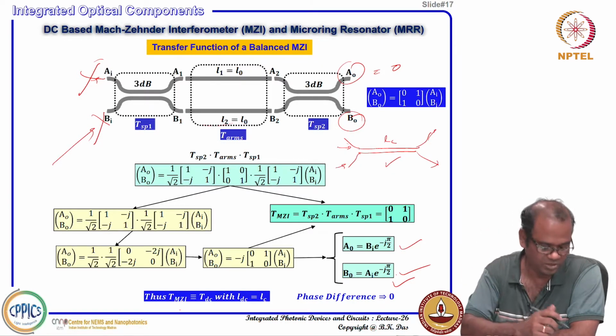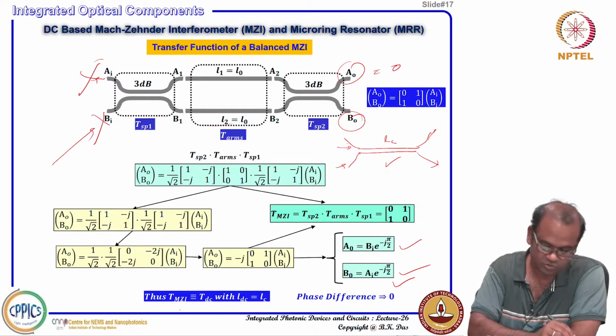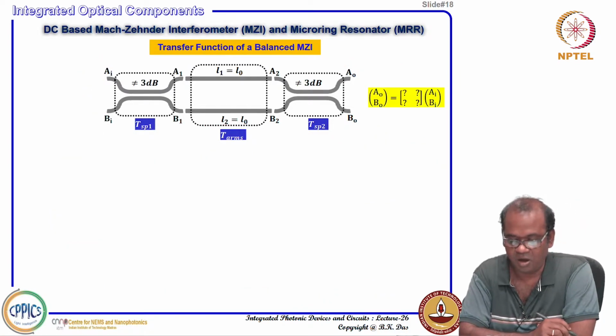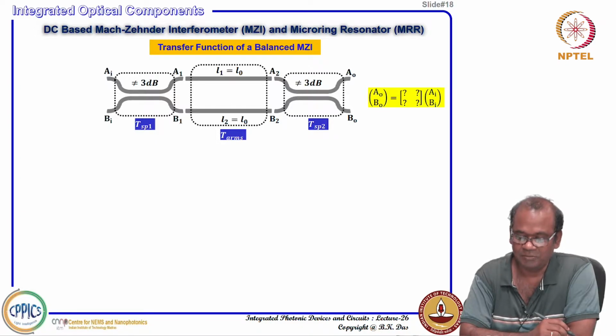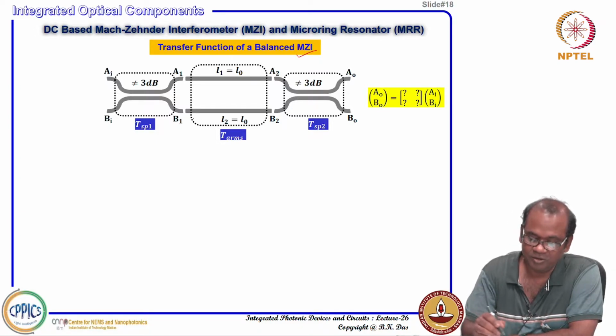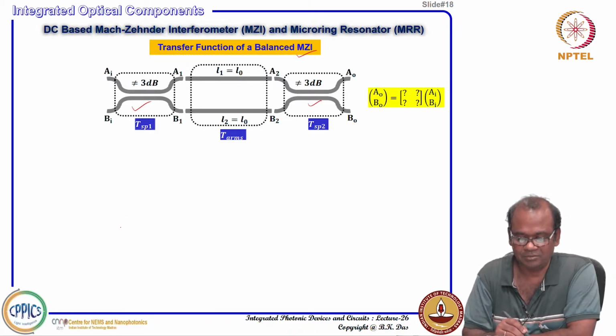This is straightforward, we are analyzing, easy to use. Okay. Now, we have discussed the transfer function of the balanced MZI, right. We continue with that, but now the directional couplers at both ends are not identical.